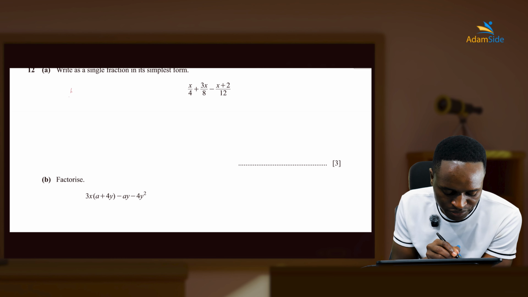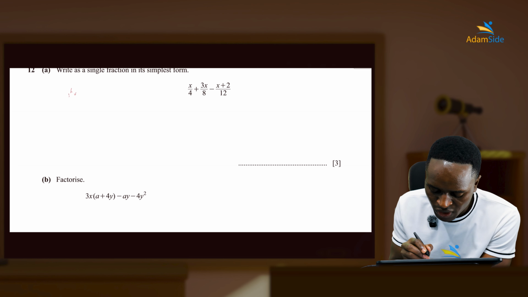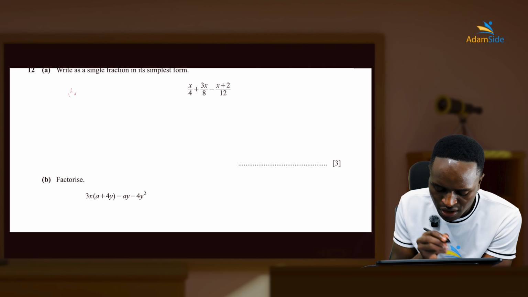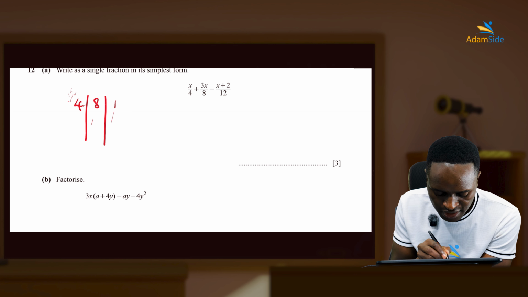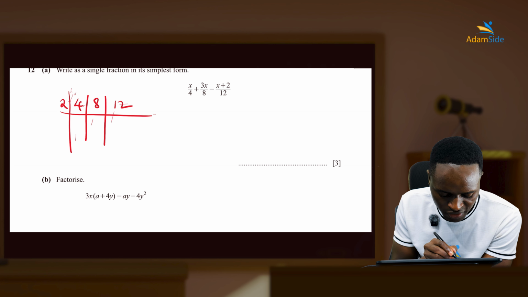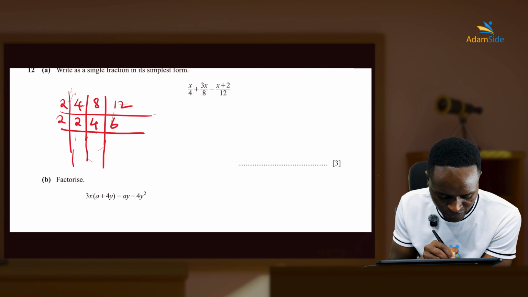Find the common number in the denominator. We have 4, 8, 12. What do we do in that case? It's simple. LCM of 4, 8, and 12. Use squares. 2 divides here: 2, 4, 6. 2 divides here: 1, 2, 3. 2 here: 1, 1, 3.